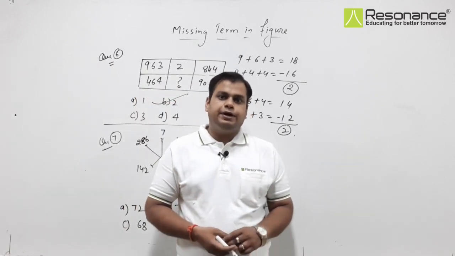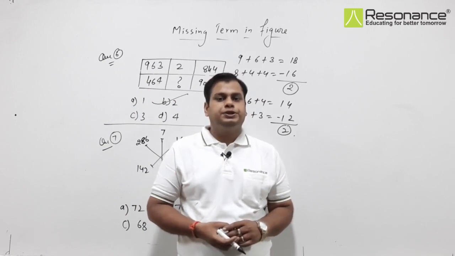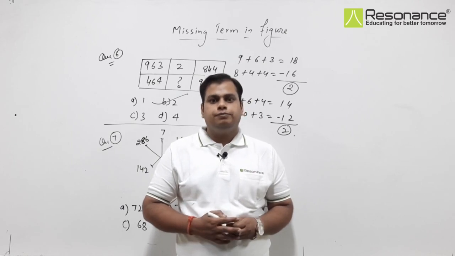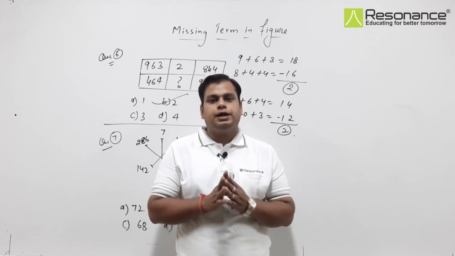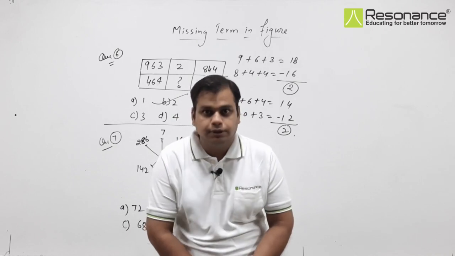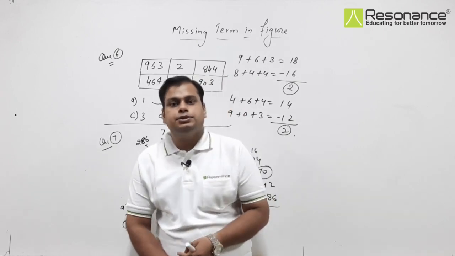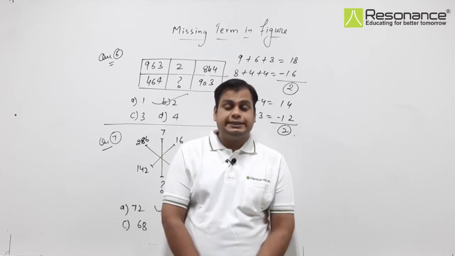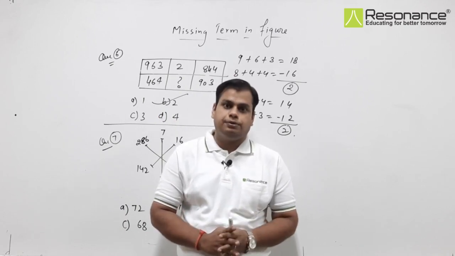This is how we have to solve the question of missing term in figure. First we have to check which kind of figure we are given, then we have to see how we can relate the given numbers. Then we have to see whether the logic we are applying is proper or not.